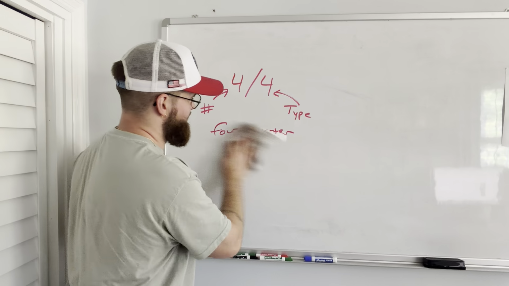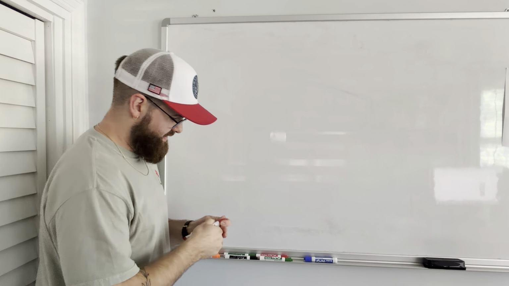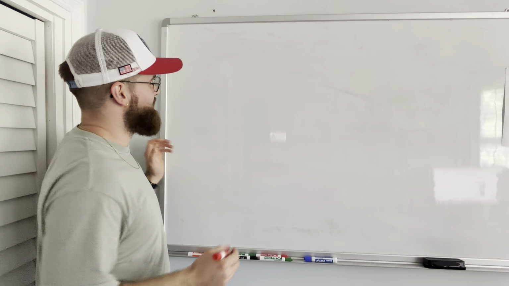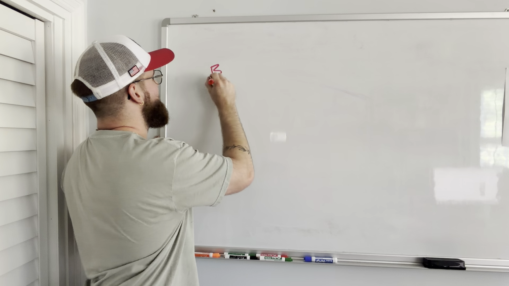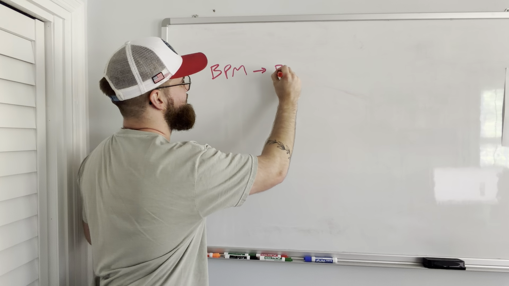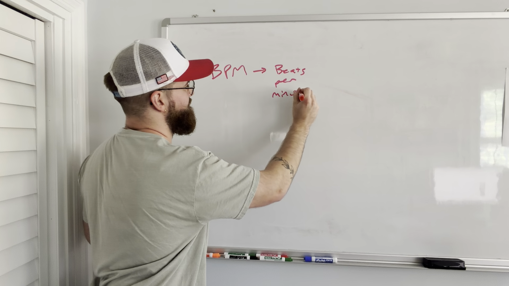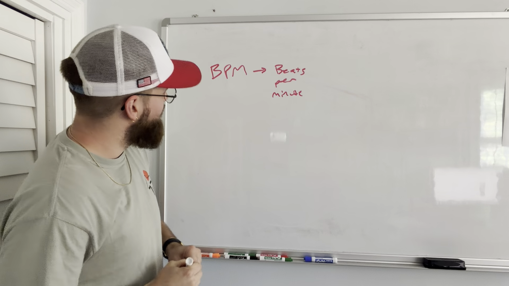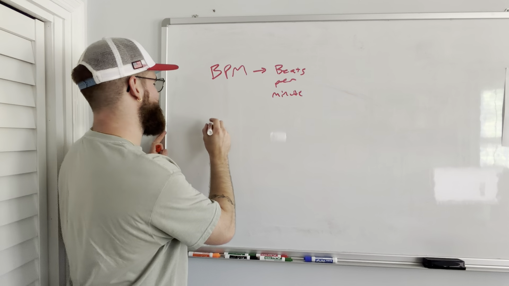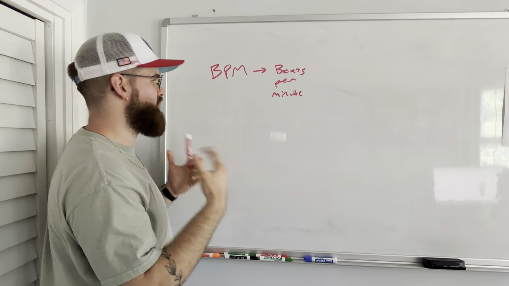Something that we haven't covered yet, and did not cover in detail during the introduction video, is that BPM means beats per minute. Okay? The faster the BPM, the quicker you play, the quicker you count.